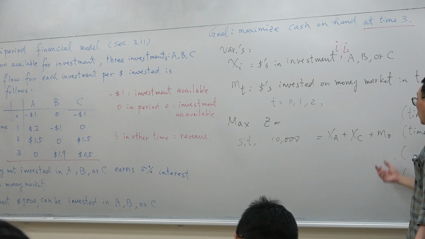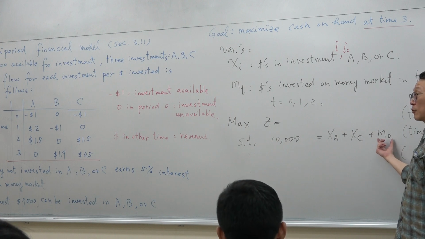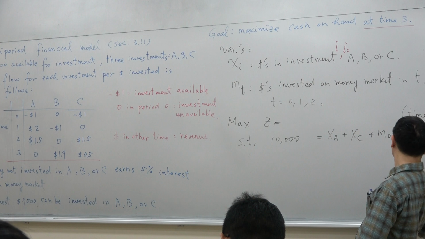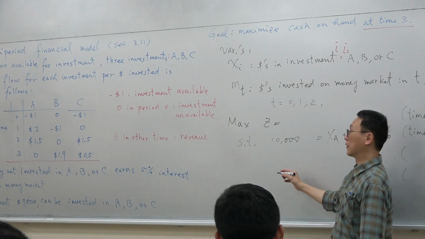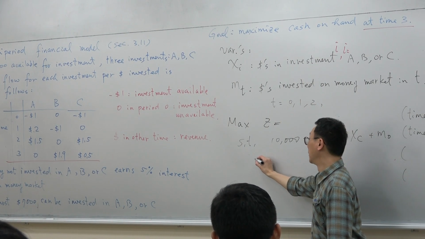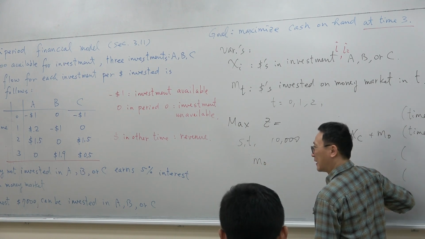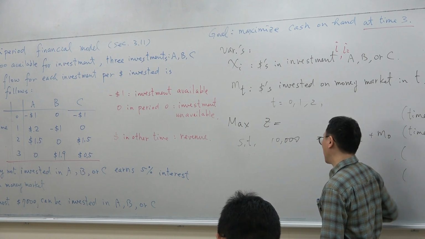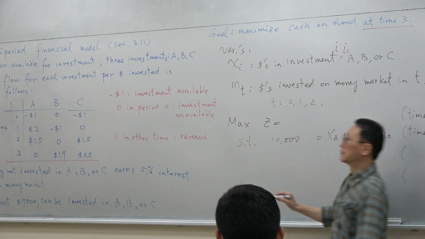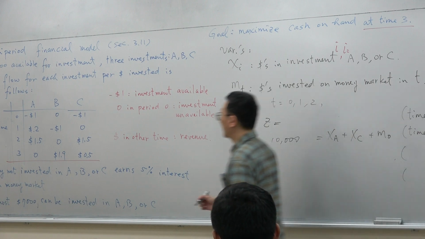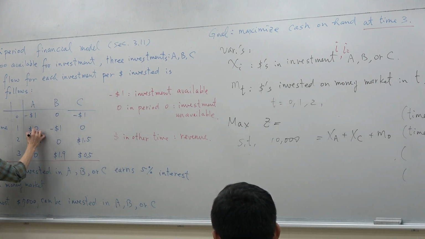Once we put it into the money market, for the next period, time 1, how much money do we get back? M0 times 0.2.